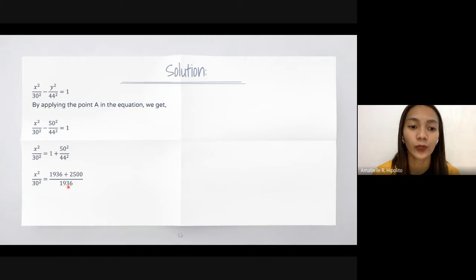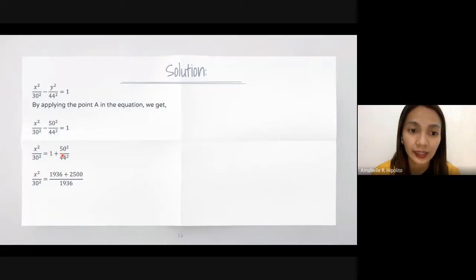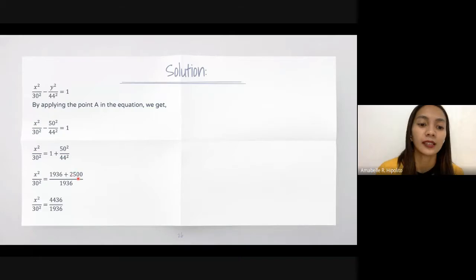So, 1,936 divided by 1 is 1,936 times 1, so 1,936 is here. Plus, we have 1,936 divided by 1,936 is 1 times 50 squared, which is 2,500. Okay? Next, let us simplify. X squared all over 30 squared is equal to 4,436 all over 1,936.